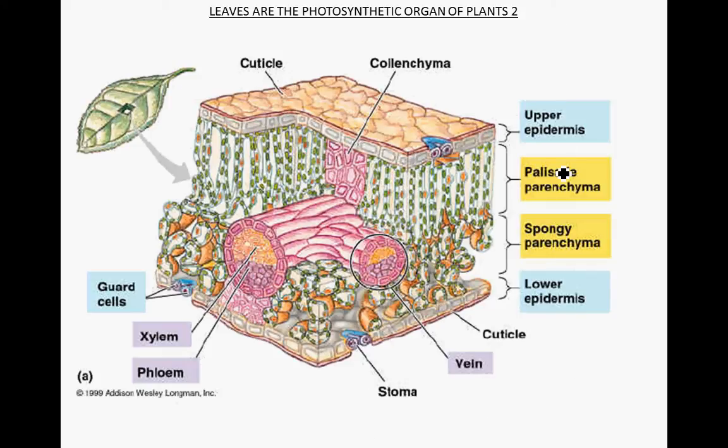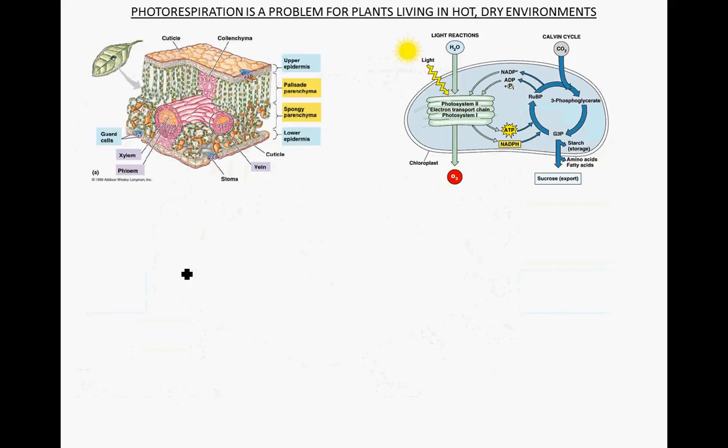When would this be an issue? Well, understanding the functional anatomy of the leaf is going to help us out here, and we are looking specifically at the stomata and the guard cells part of the leaf. And so when we look at this, understanding the functional anatomy of the leaf and what's going on in the Calvin cycle, the conditions that are ripe for photorespiration would be living in hot, dry, and sunny environments.